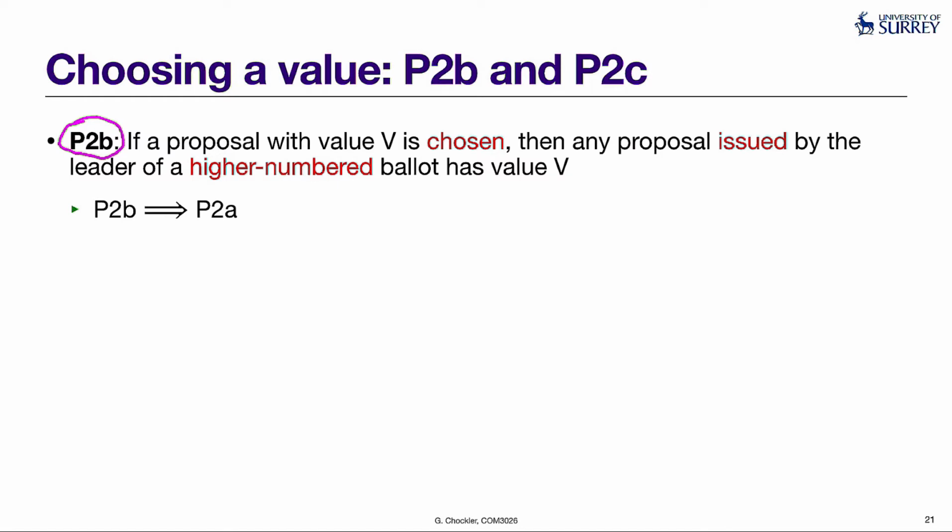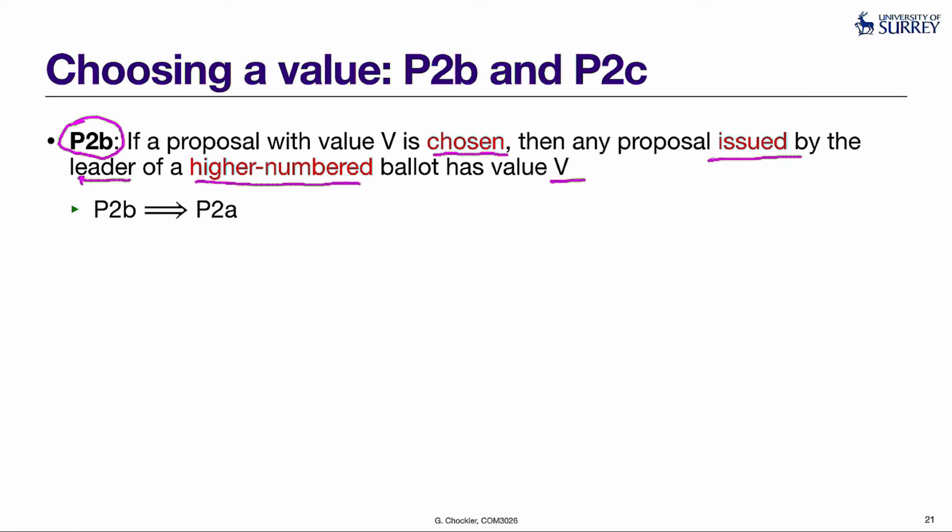So it says the following. If a proposal with value V is chosen, then any proposal issued by the leader of a higher numbered ballot has the same value. Notice that now we are actually instructing the leader what it needs to do if it is the leader of a ballot which is higher than some ballot in which a value was chosen.